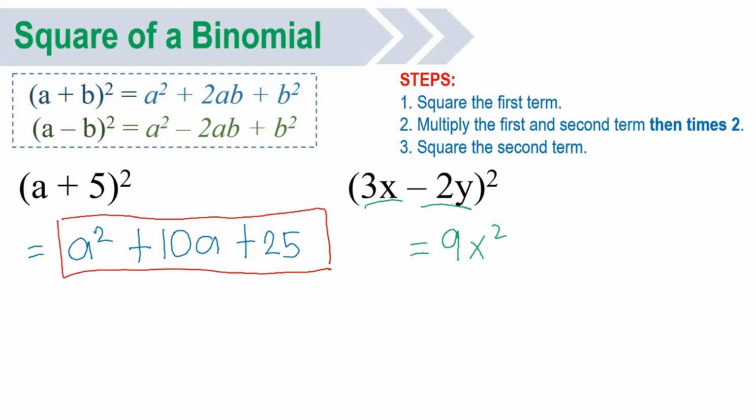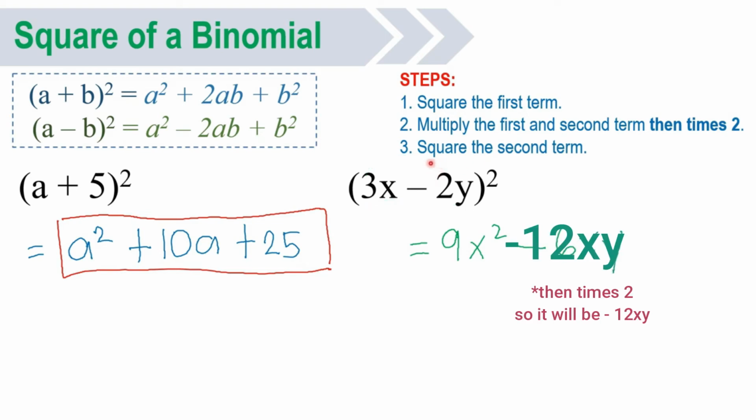3x times negative 2y. So let's start with the numerical coefficient. 3 times negative 2, you will have negative 6. And then x times y will be xy. Okay, last step, square the second term. The second term we have here is negative 2y.